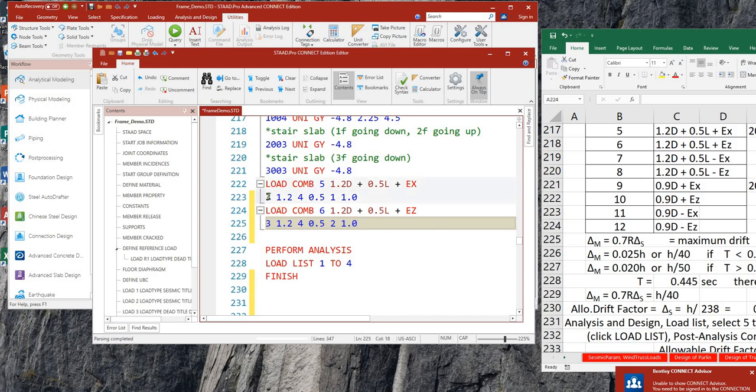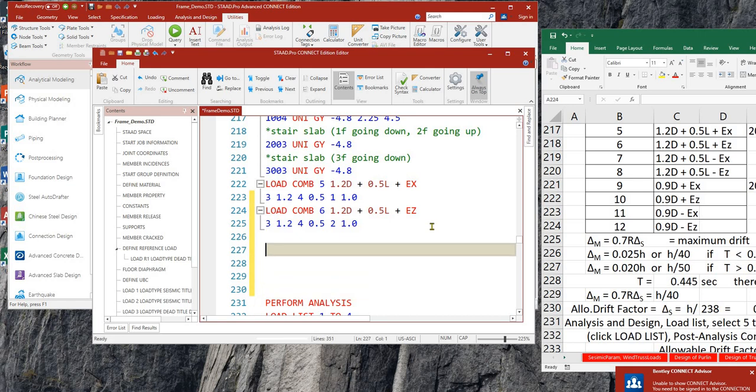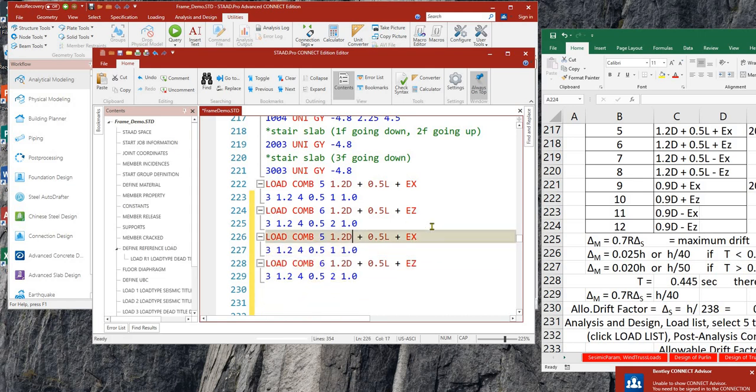Okay? Take note that those two are the same. The only difference is your earthquake: here it is EX, and then number 2 became EZ. Next, we now go to load case number 7. This one became EX, but negative. So, I can copy this, then change this to 7 and change this to negative.